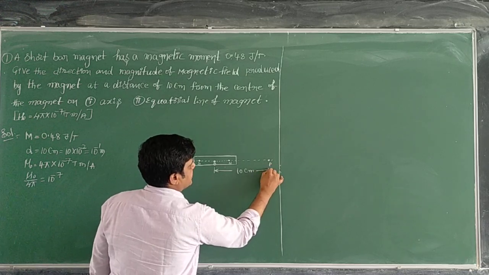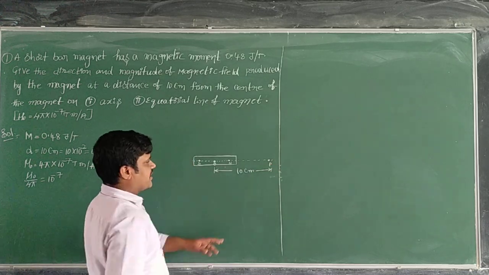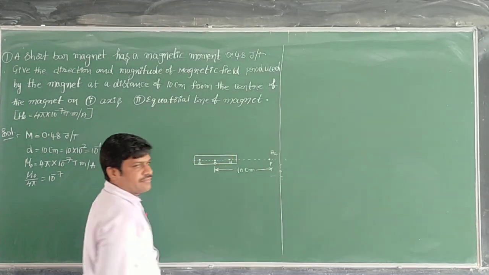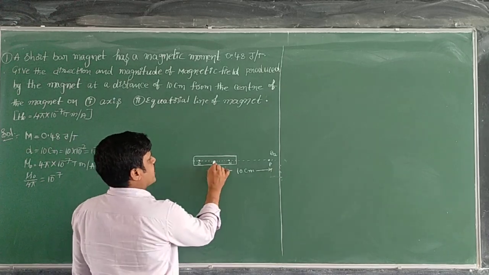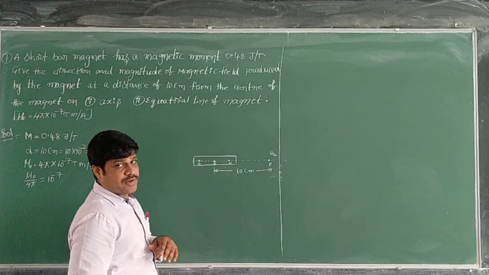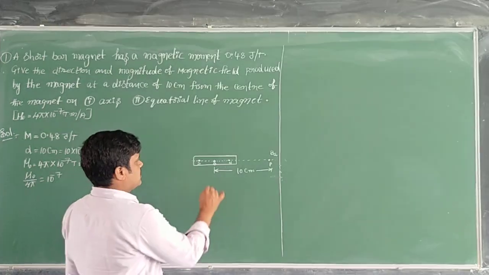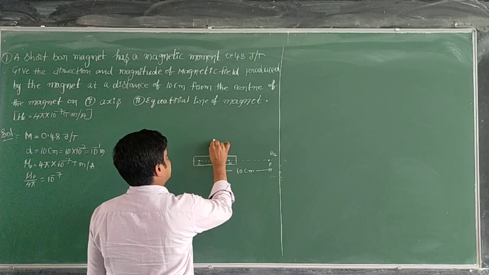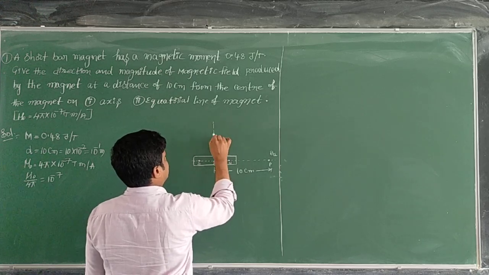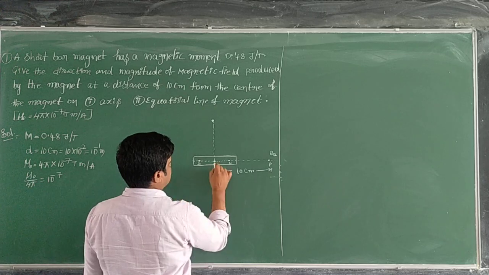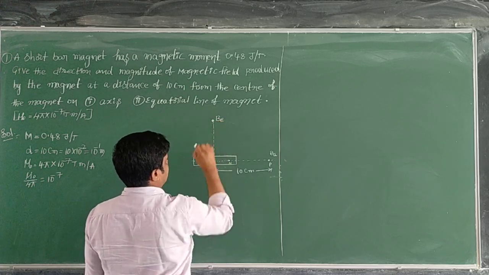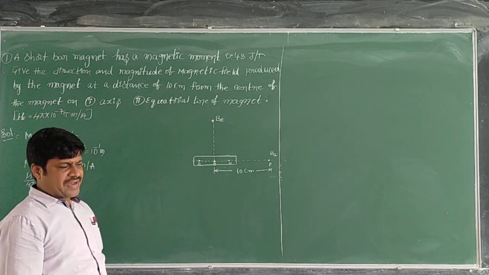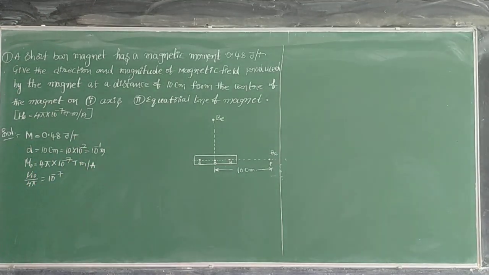Here we have to calculate the magnetic field on the axial line. Equatorial line means bisector line, that is, perpendicular to the axis. Here also the distance is 10 centimeters from the center. On the equatorial line we have to calculate the magnetic field and give the directions.